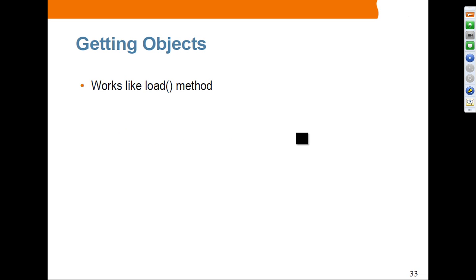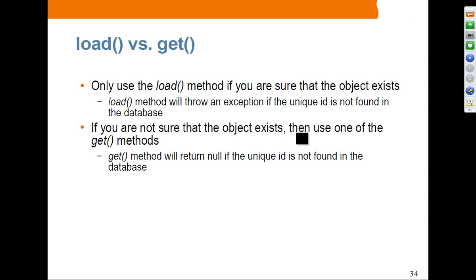So that's load, and you can also use the get method, which works like the load method. The difference between load and get: you are going to use load if you are sure the object exists.